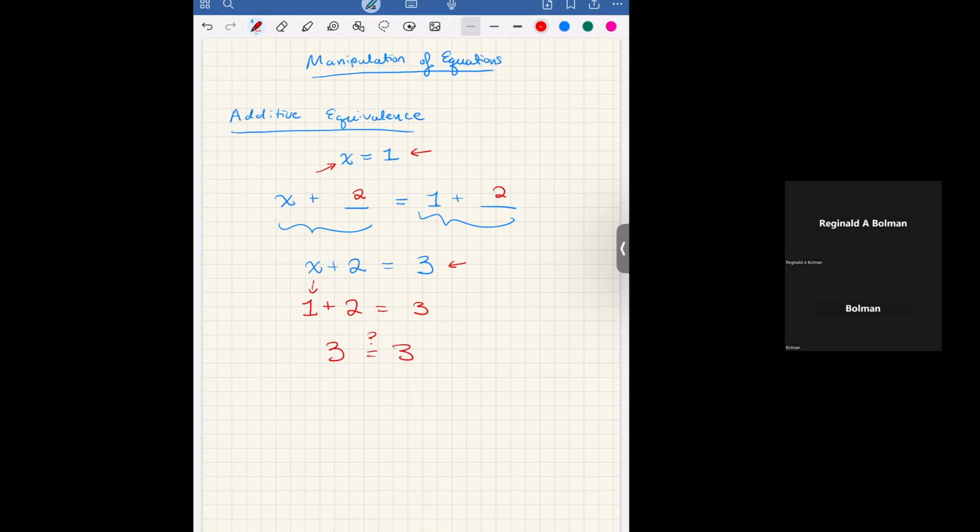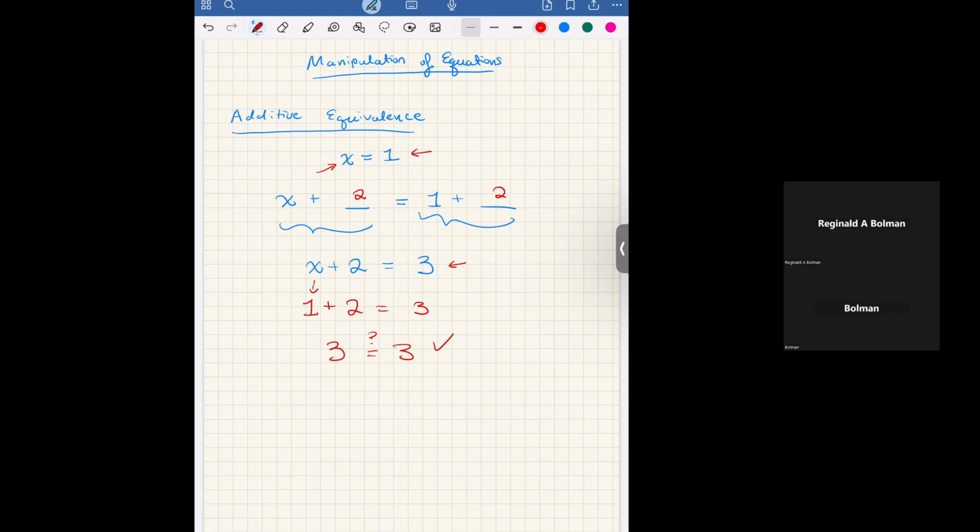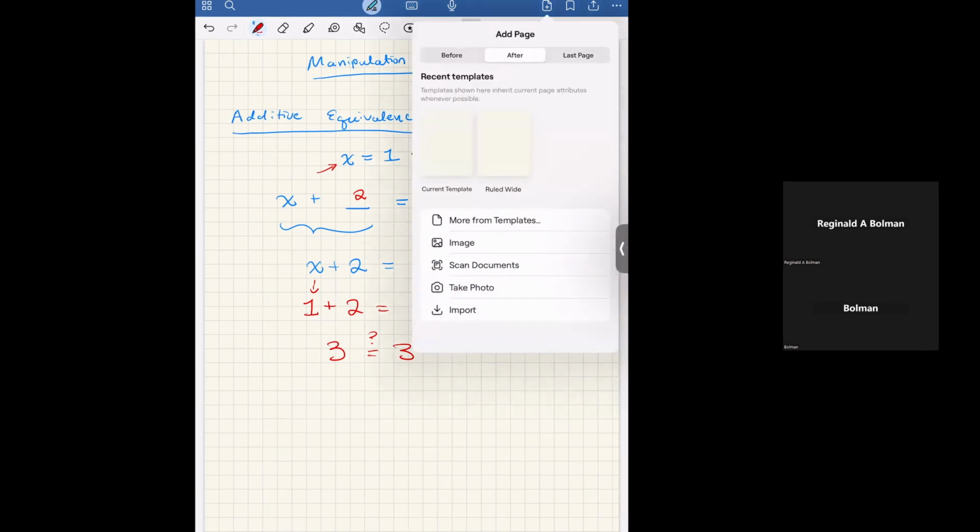You would have 1 plus 2 on the left-hand side, and you would then check to see if that equals 3, which is the quantity on your right-hand side. And because you were able to obtain 3 is equal to 3, it tells you that the equation wasn't broken just because you decided to add 2 on both sides.